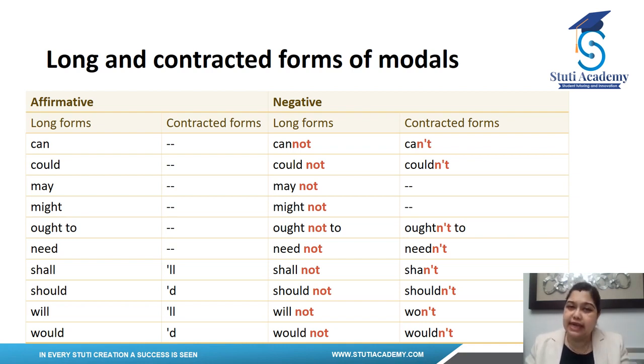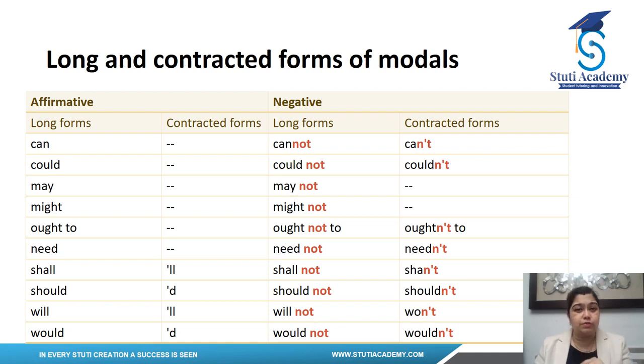So will not is a negative form, but it has a contracted form. Won't. I will not read the book. I won't read the book. Same meanings, but a contracted form. Would. Now again, D. If you look again here, should and would. The contracted forms in the affirmative are the same. He would go out with me.